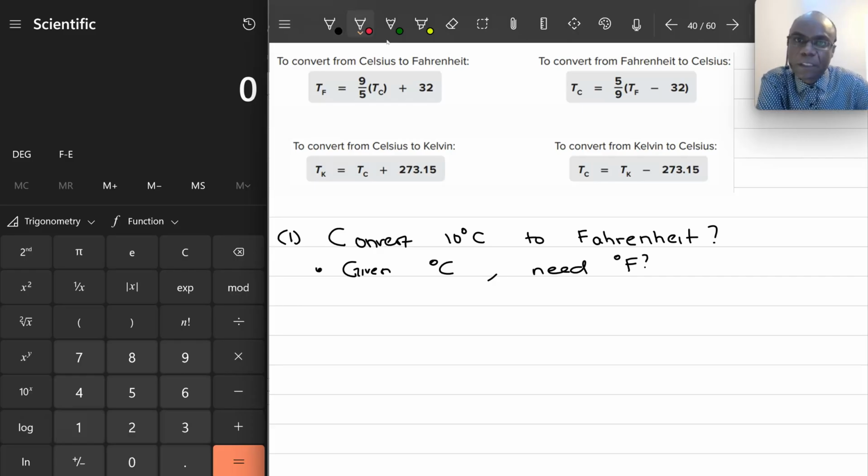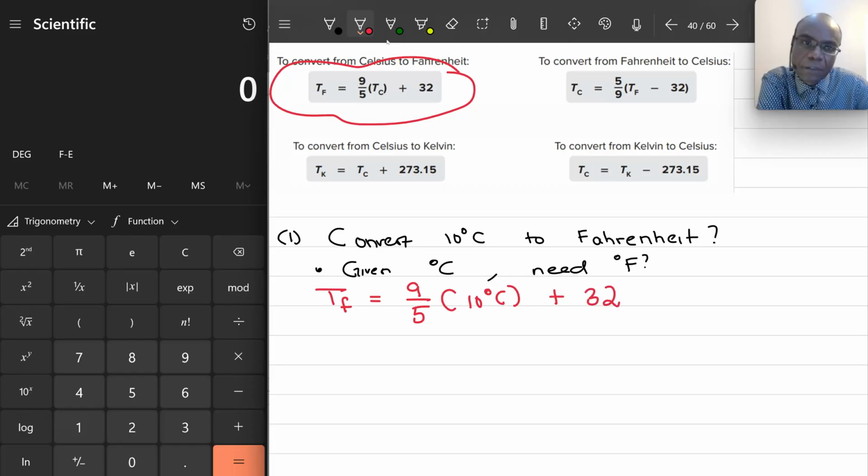So my formula given here is TF is going to be equal to, so we are using this formula, 9/5 of my degrees Celsius, and then I'm going to add 32. And doing so, what do we get? So I come here, 9 divided by 5 multiplied by 10 equals 18. I add 32 equals 50. So it turns out to be 50 degrees Fahrenheit.